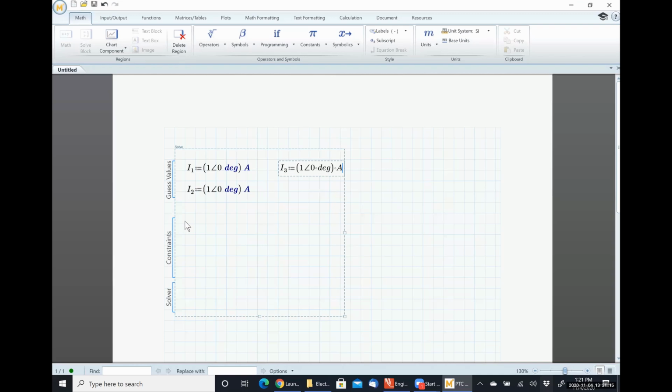All right, so our first equation, if I recall correctly, was I2 minus I3 is equal, so control equals because I'm doing a constraint equation, and it was 25 angle minus 90 degrees. Is that correct?